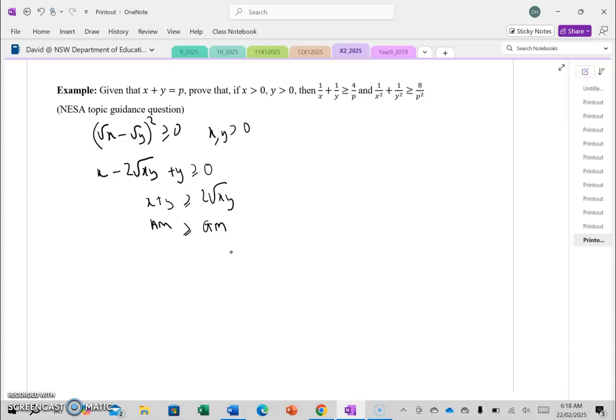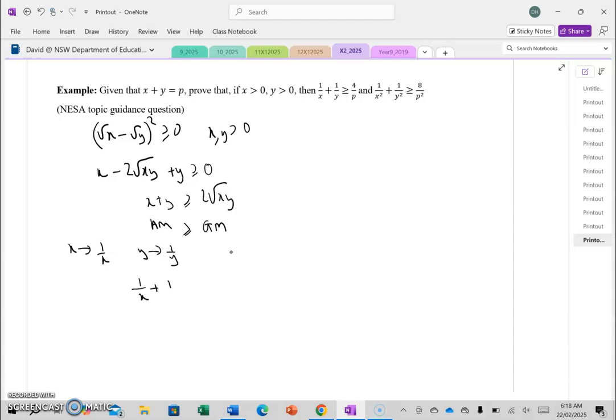And now I'm going to apply that here. If I was a bit smarter, I might have used different letters, but that's alright. I'm going to change x to 1 on x and y to 1 on y, and that's allowed because we still keep that 1 on x is positive and 1 on y is positive, so we can still apply it. So what do we get?